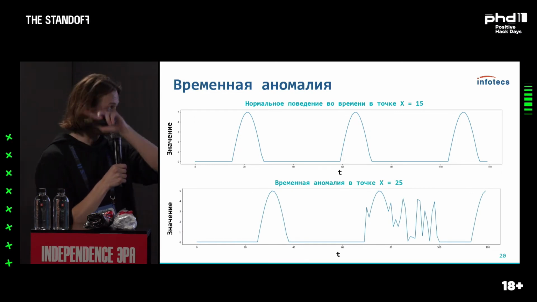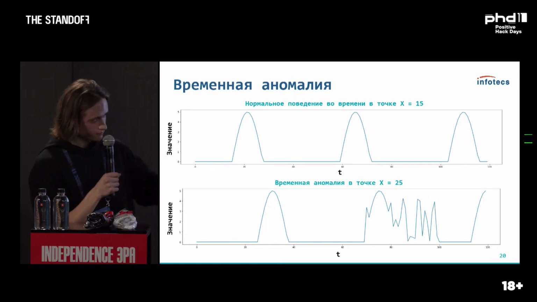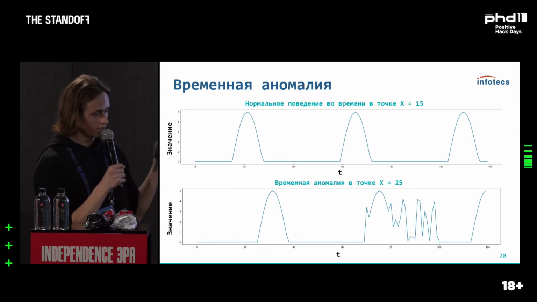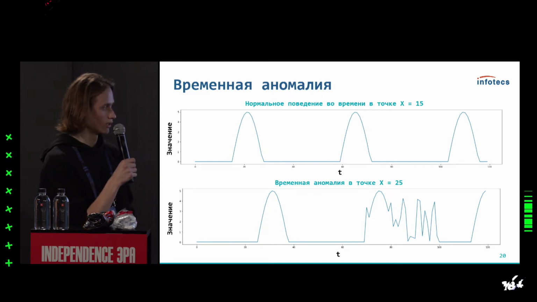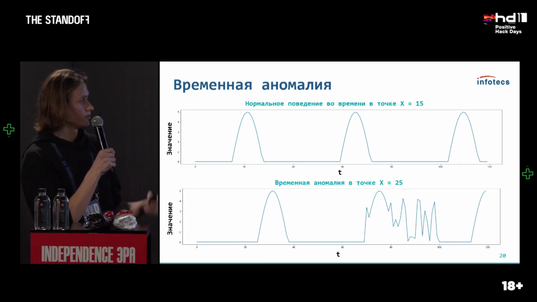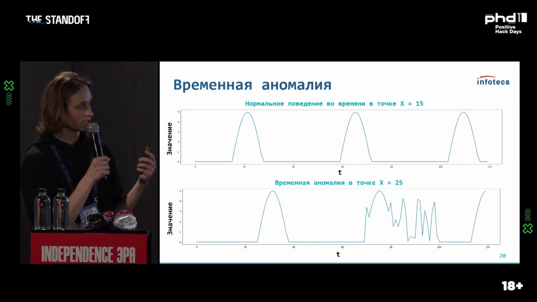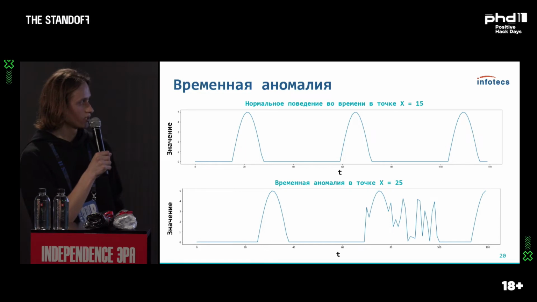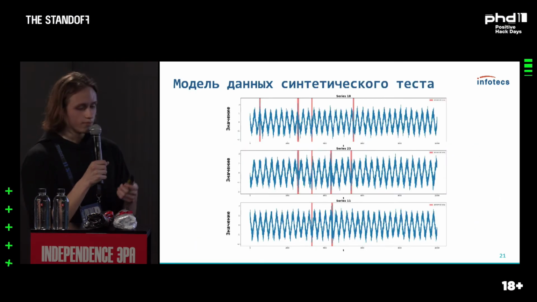Yet x equals 25, we inserted the anomaly, a time anomaly, in this space of time. And it does not show us beautiful sine waves, but it shows some ugly detections described as anomalies. This is a combined anomaly, and very often we face such ones.